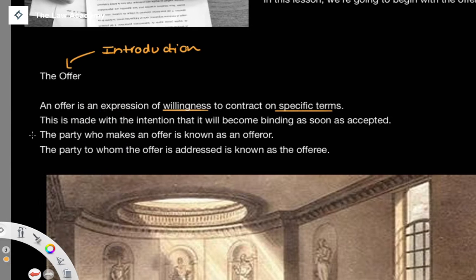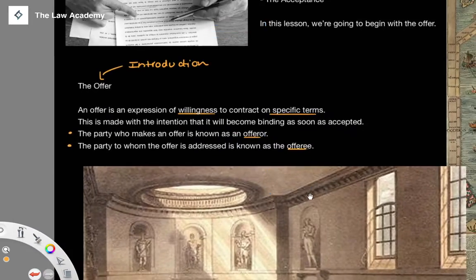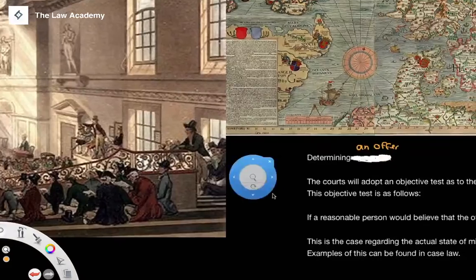In terms of some terminology, the party who makes an offer is known as an offerer, and the party to whom the offer is addressed is known as the offeree. Just to make sure everybody is clear on that.